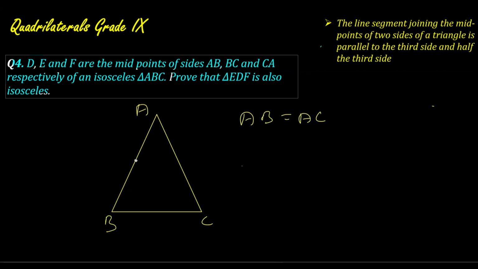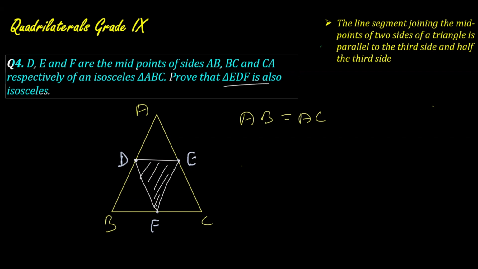Further, we are given the midpoints D, E, and F of triangle ABC. And let's say I join these midpoints. So what we need to prove is that this triangle is also an isosceles triangle.